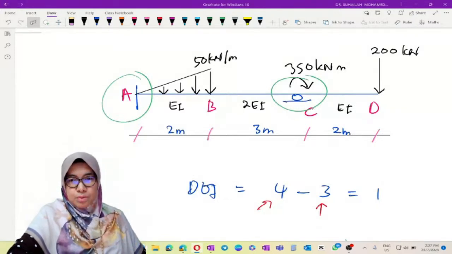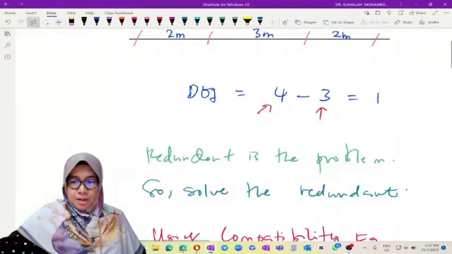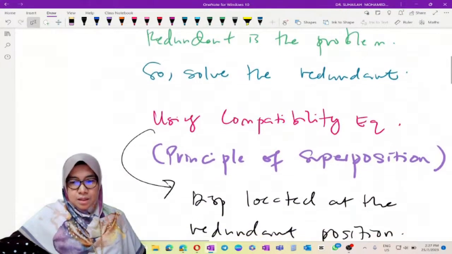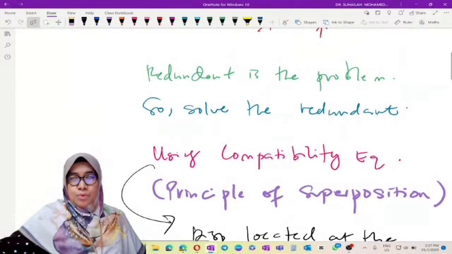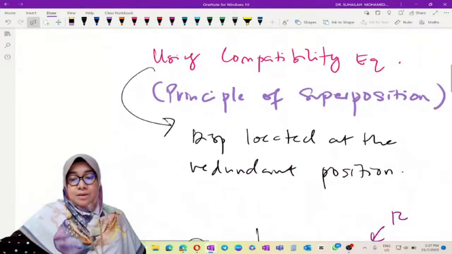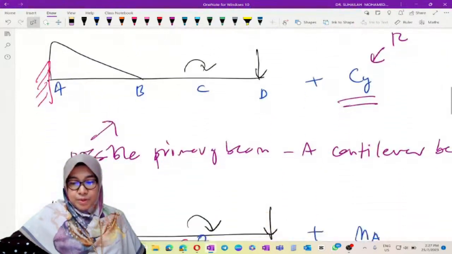So we are going to analyze this beam. In the previous video, I explained how we choose the redundant and draw the primary system, and then about the compatibility equation, we solve the redundant using the compatibility equation.